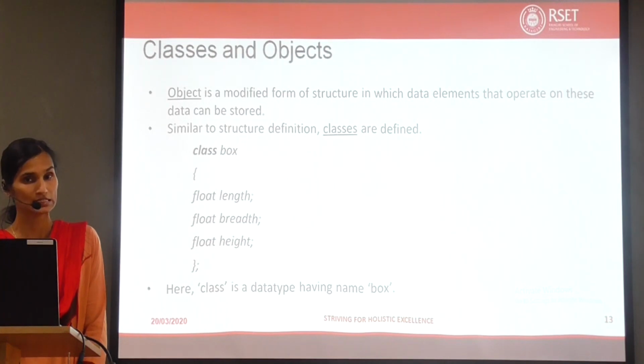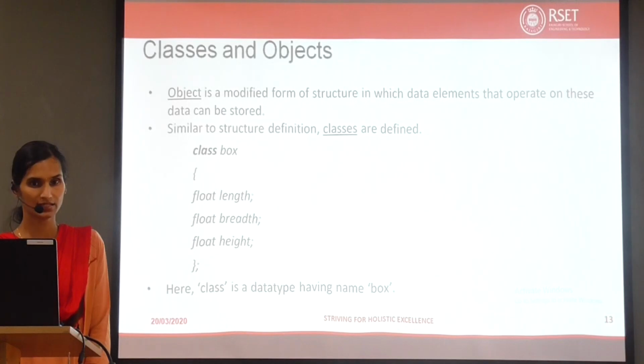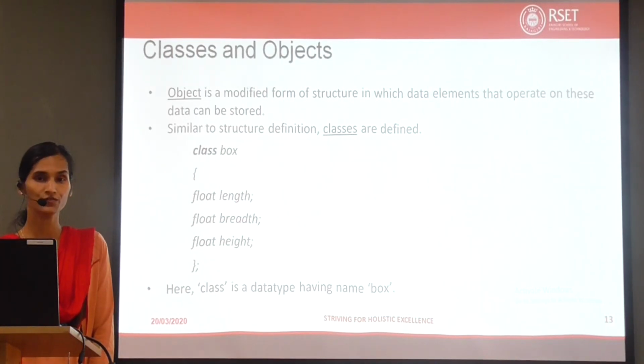Now we will see what are the differences between class and struct. Now class is just like a structure definition. It is a data type in which we define certain members in the class which will give some attributes of that particular object. So classes are written for objects. Now an object is just a modified form of a structure. Here you can see in the example I have got class as a data type which is defining the structure or the object box.